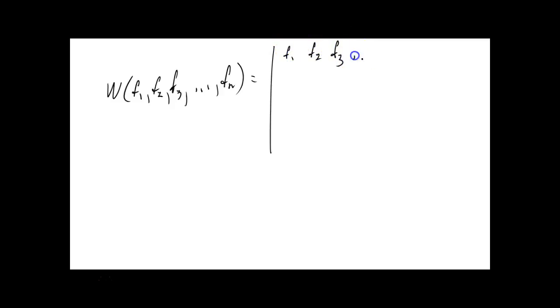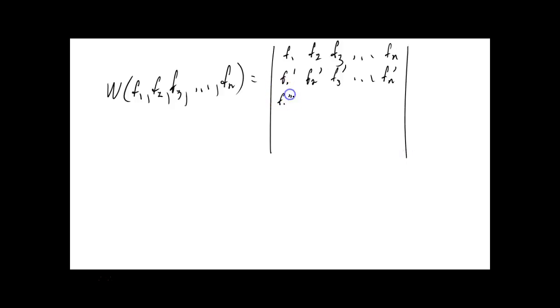So here's the Wronskian of f1, f2, f3, up to and including f sub n. N different functions. Okay? The Wronskian is this. It's the determinant of f1, f2, f3, up to f sub n. Those are the n functions listed there. And then you'll do f1 prime, f2 prime, f3 prime, up to fn prime.